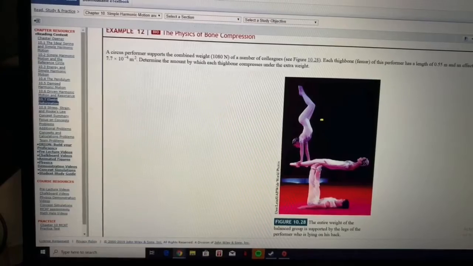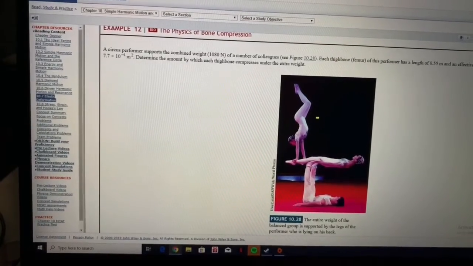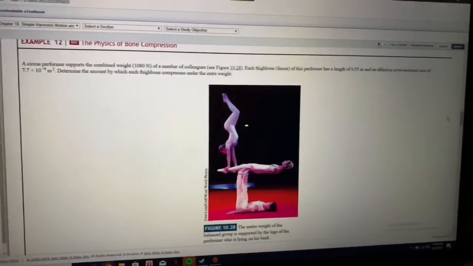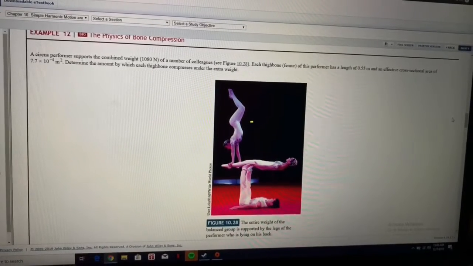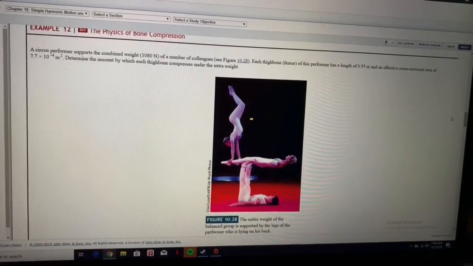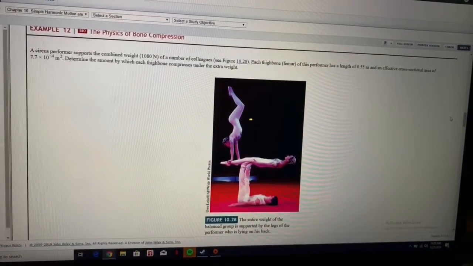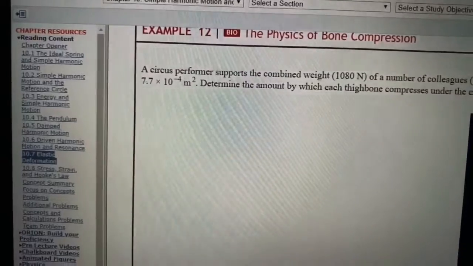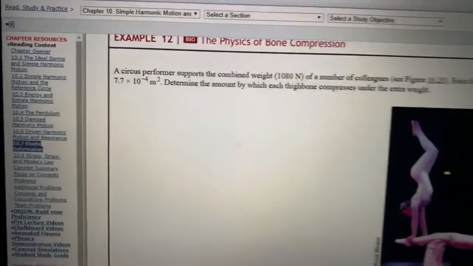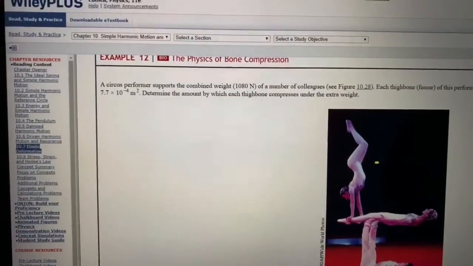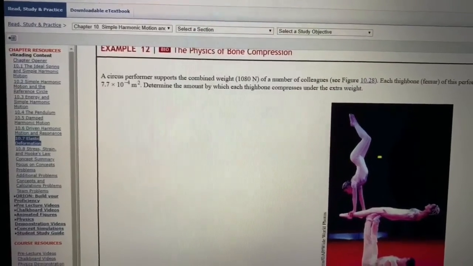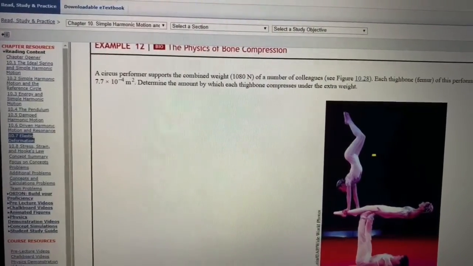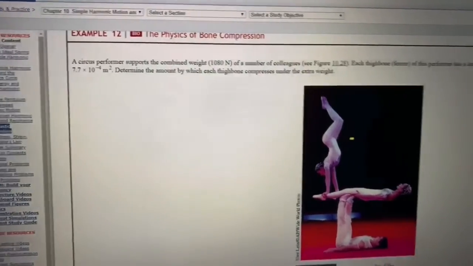Each thigh bone of this performer has a length of 0.55 meter and an effective cross-sectional area of 7.7 times 10 raised to negative 4 meters squared. So, the question is, determine the amount by which each thigh bone is compressed under the extra weight.